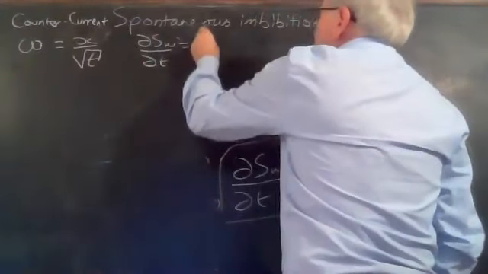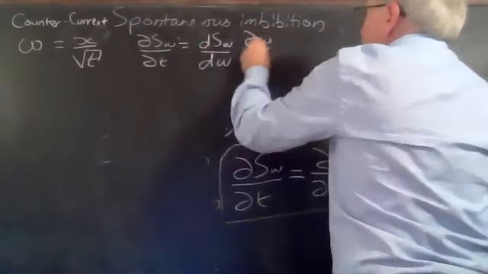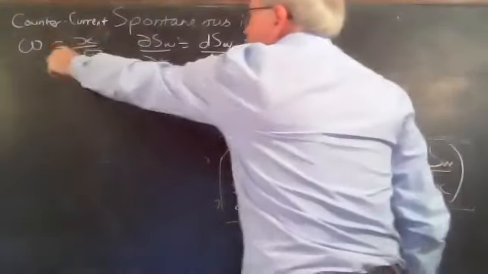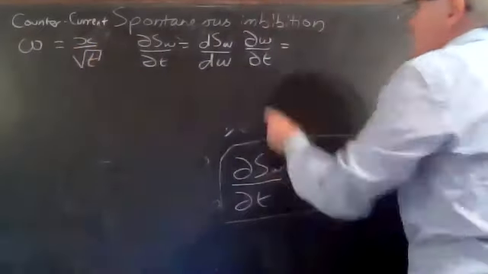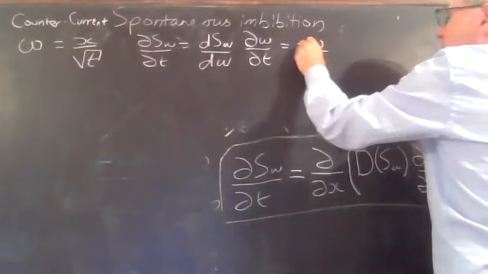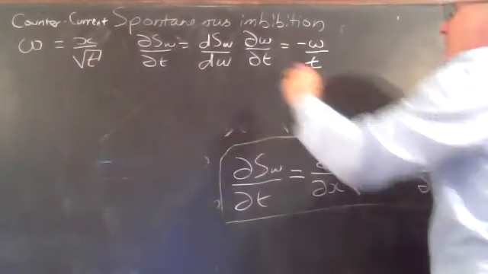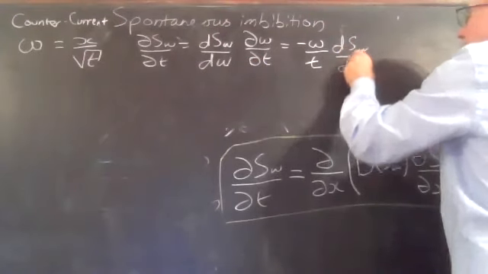is equal to dsw by d omega, right? d omega by dt, which we can work out. We just differentiate it: it is minus x over root t times t. So this is equal to minus omega over t, when we differentiate it, dsw by d omega.